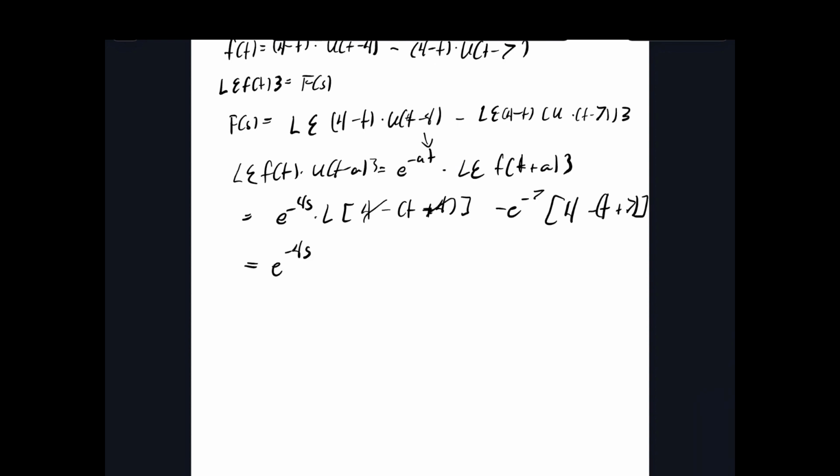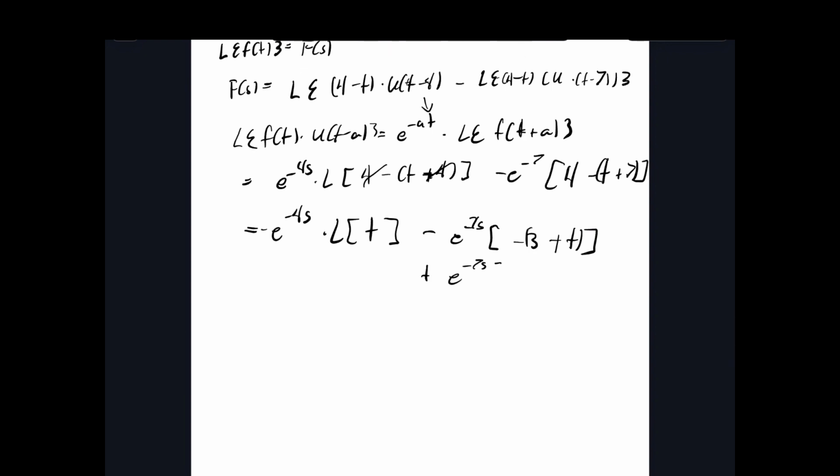I get e to the negative 4s times the Laplace of t, minus e to the negative 7s times, since it's 4 minus 7, negative 3 minus t. You could even bring the negative outside and make that positive, so e to the negative 7s times the Laplace of 3 plus t.